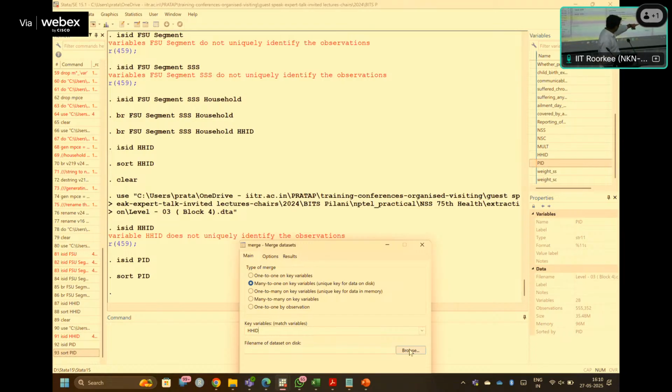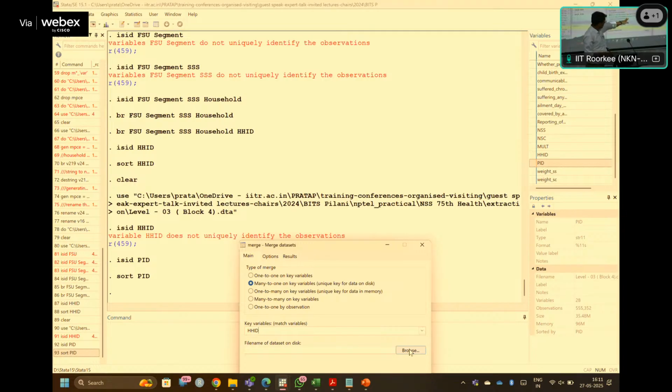Now at this moment I have 28 variables, all in string format, and observations are 5,55,000. Observation wise it's not going to increase because all the individuals are here only. We are just going to take those individuals by their household. So the household profile will be added to the individuals.